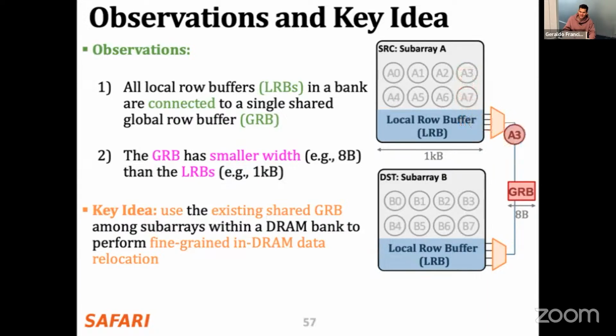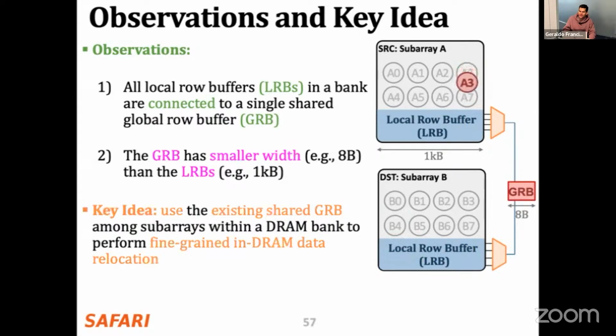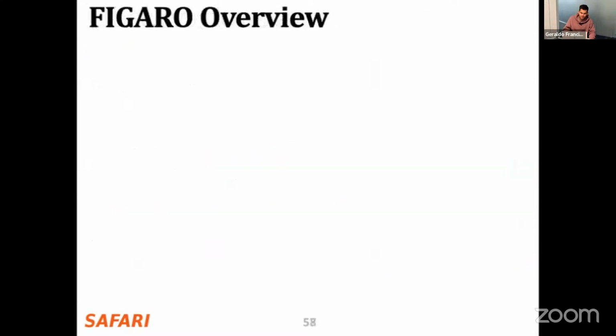Basically, the idea is that you create a path from the data in the source DRAM row via the local buffer, the column selection logic, the global row buffer, down to the local buffer in the destination subarray, and eventually to the destination DRAM cell.